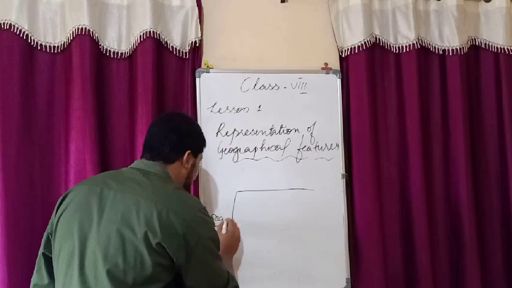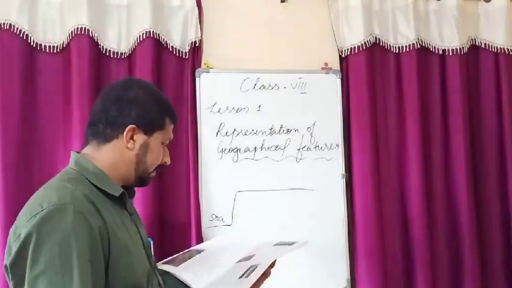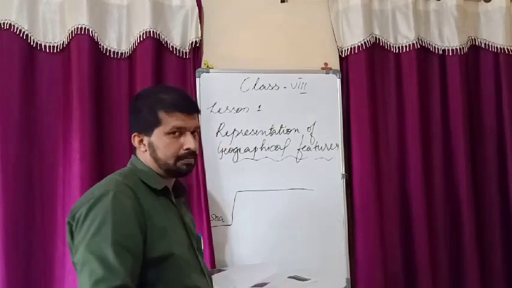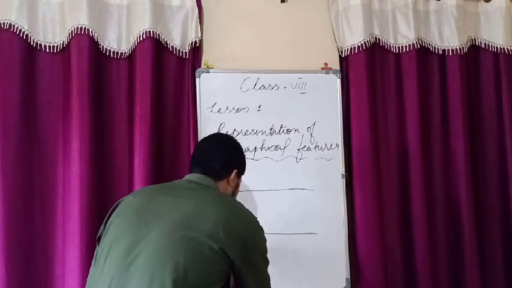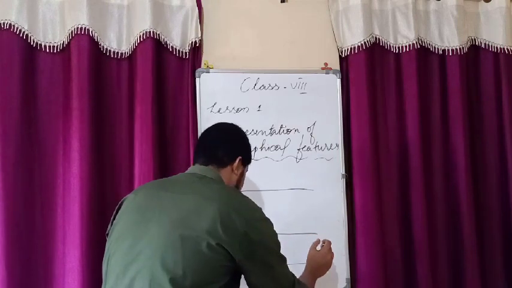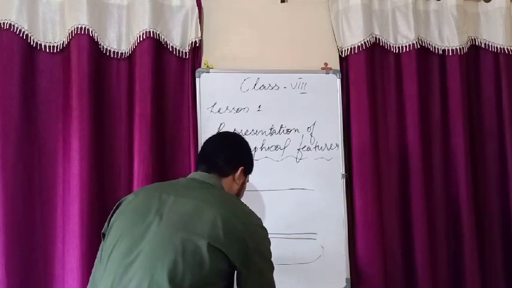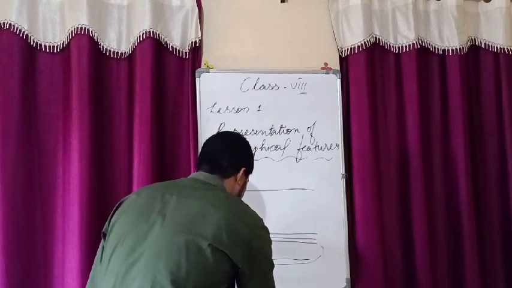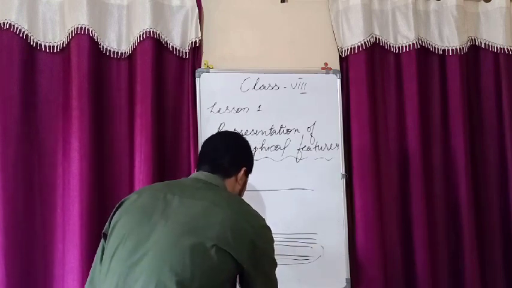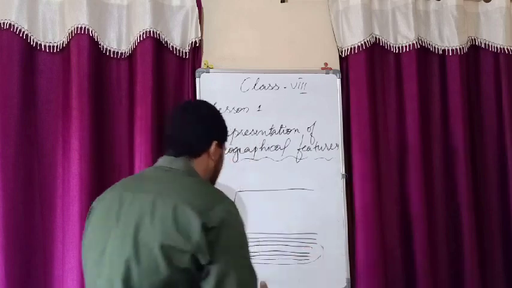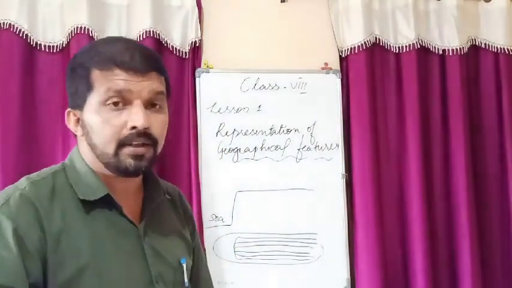Such a steep fall of rock is known as a cliff. This also can be represented by using contour lines. Such a feature is identified as a cliff. Then again, a waterfall.